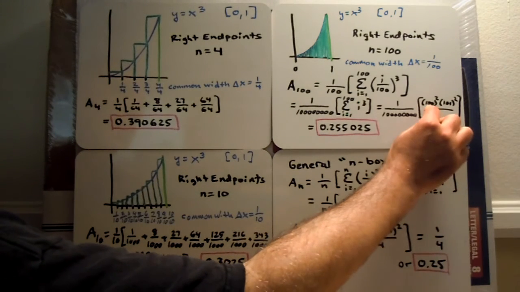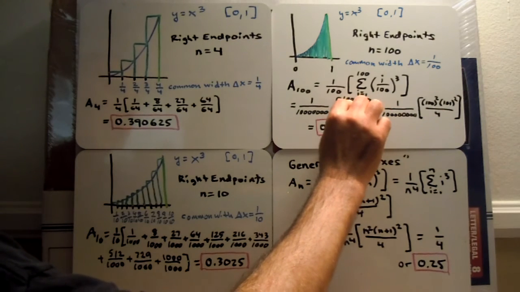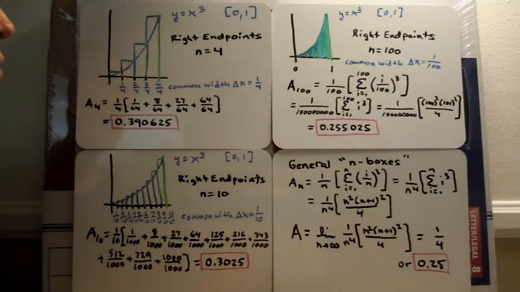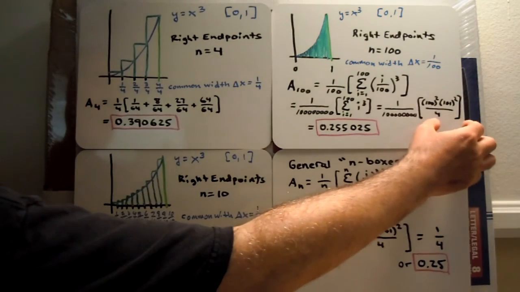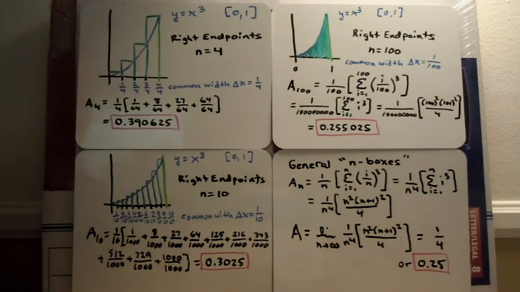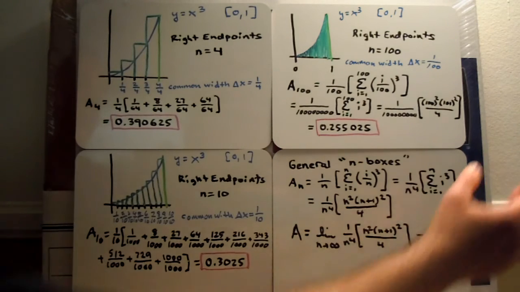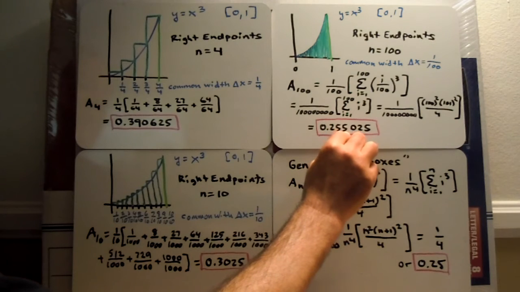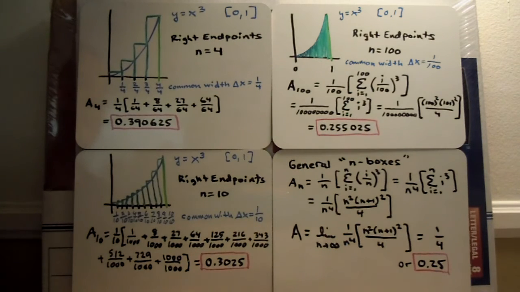And then that formula is, however many you're adding up, n, or 100 squared, times n plus 1, 101 squared, divided by 4. That happens to be a verified formula for adding together n number of digits cubed. And so on the calculator, we figure out that the estimate for this is 0.255025.